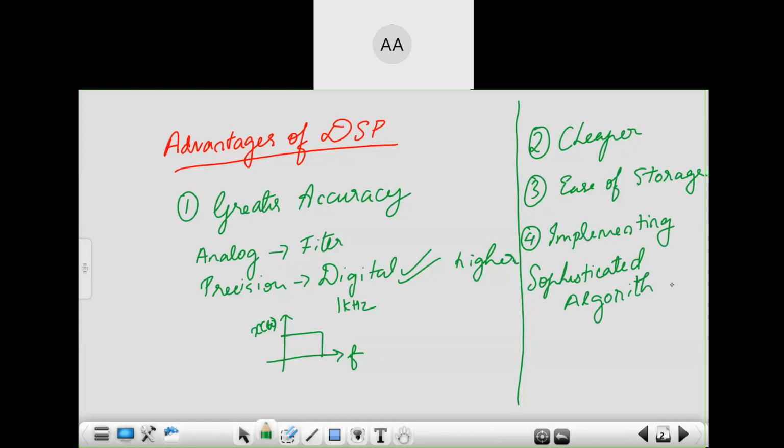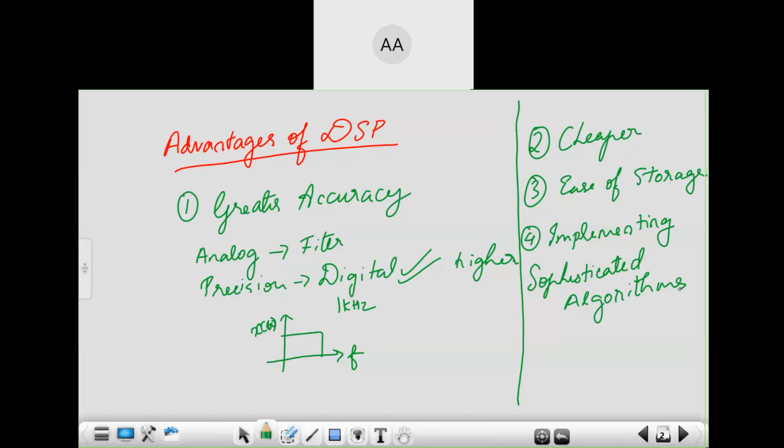See, when I say algorithms, whether it is to process a signal or to enhance a signal, whatever it is, there are multiple algorithms present in today's world. Many of you would have heard of artificial intelligence, neural networks and all, these buzzwords these days.